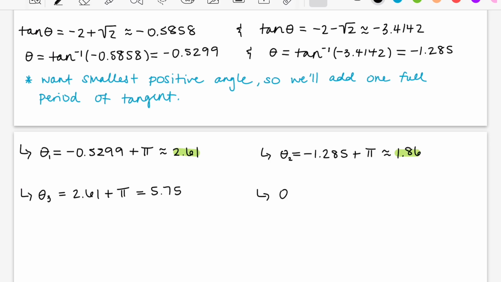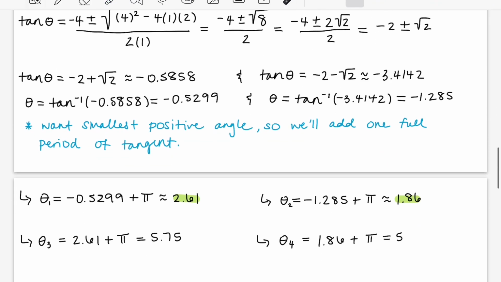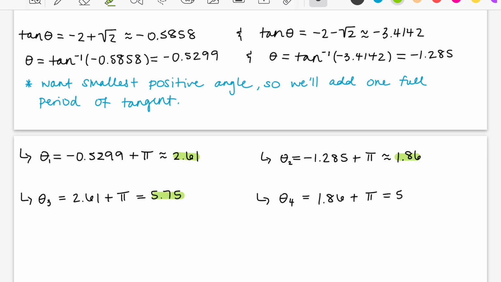And similarly, adding pi to this guy here, we will get exactly 5. And notice that these two solutions are within this interval here. So these will also be part of our solution set.